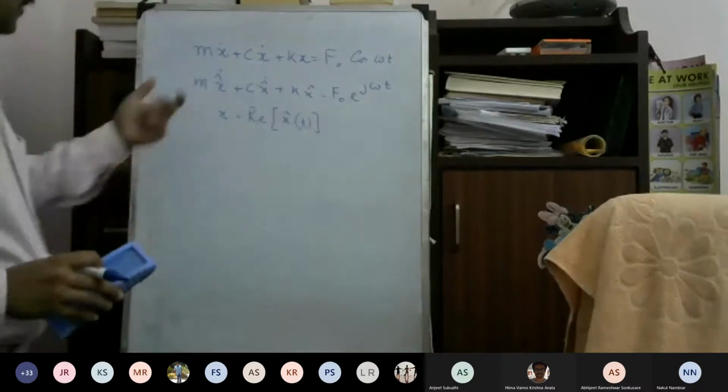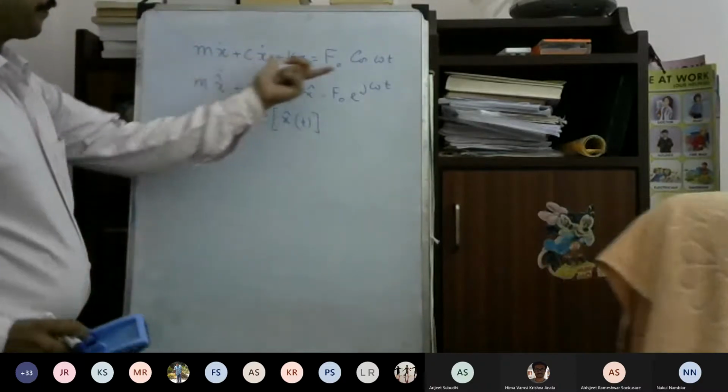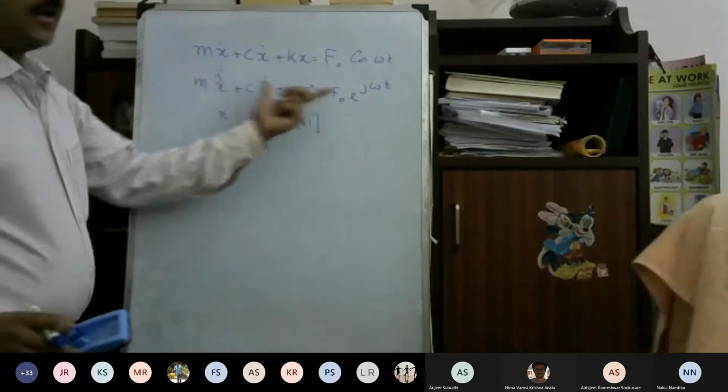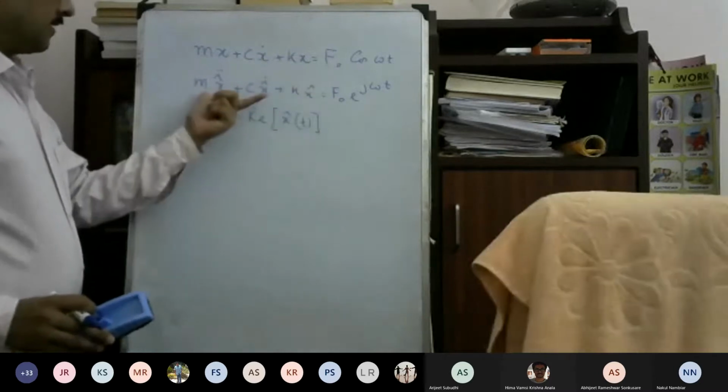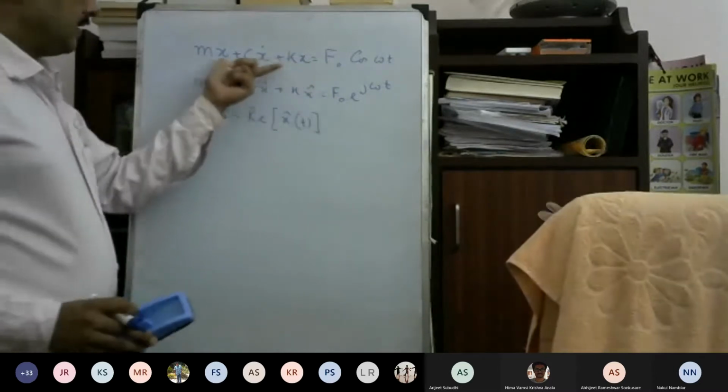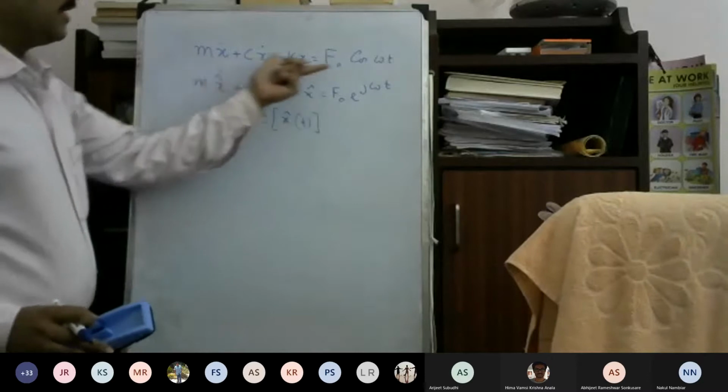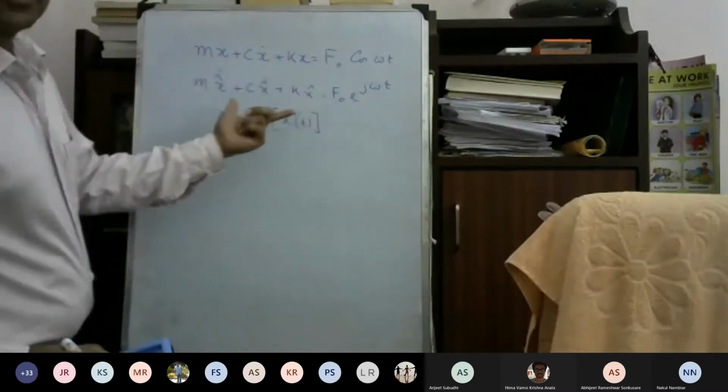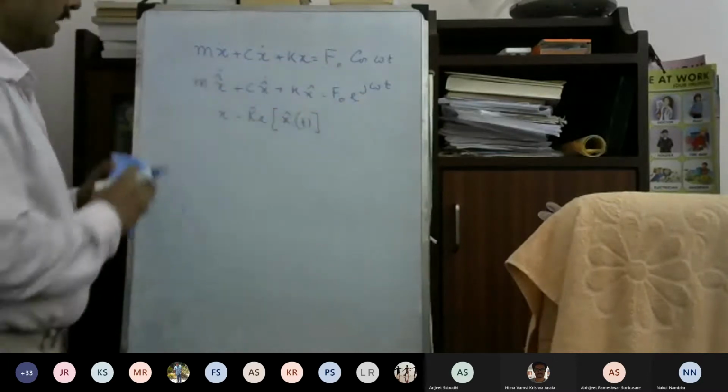So that is our procedure. We are making the equation complex, and then knowing that the real solution will be the real part of the complex solution we get, that is x hat.